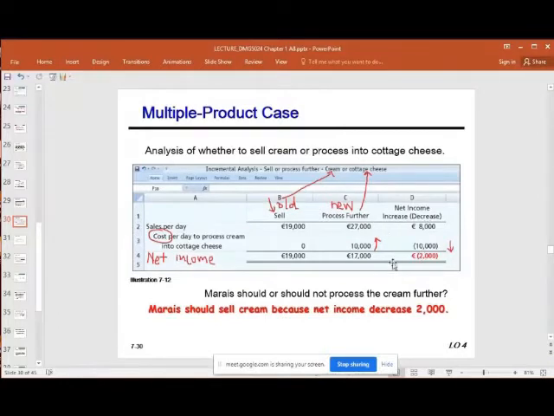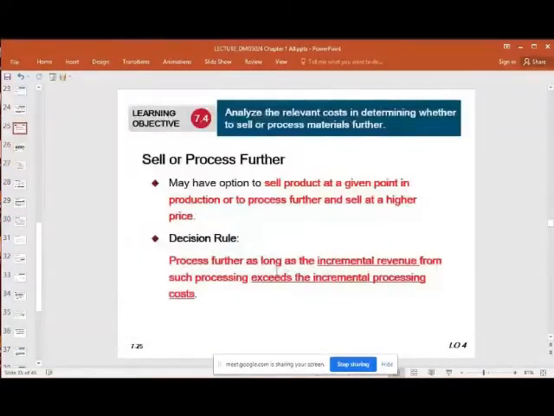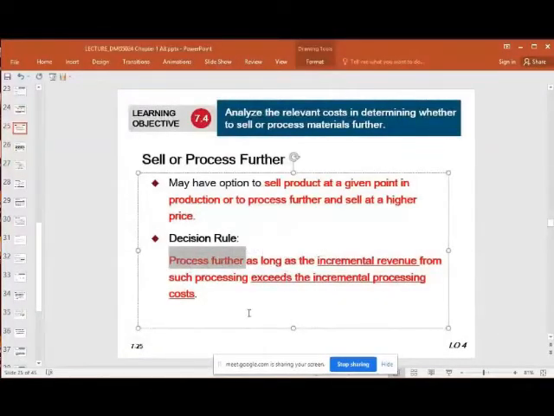Another way to look at this, very quickly, is going back to your decision rule. Remember this one? Process further as long as incremental revenue exceeds incremental cost. So what it means? Process further is when incremental revenue is more than incremental cost. So what does incremental mean?